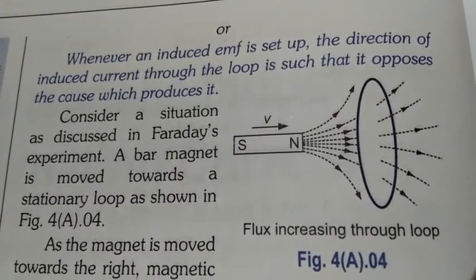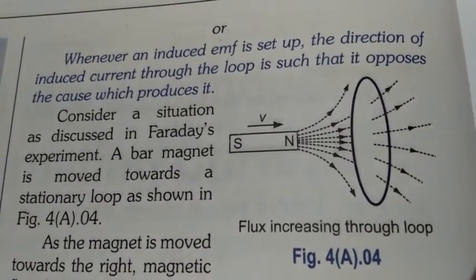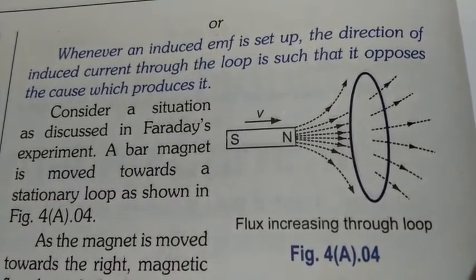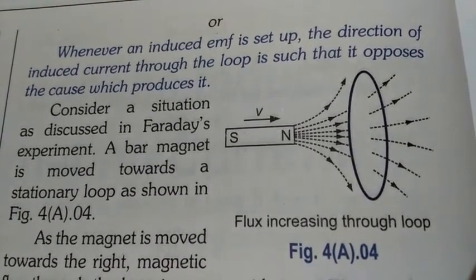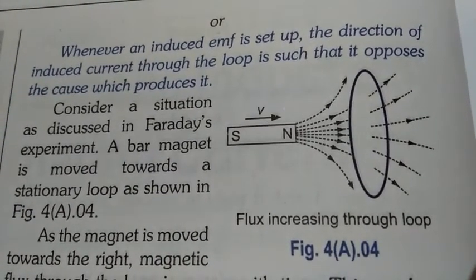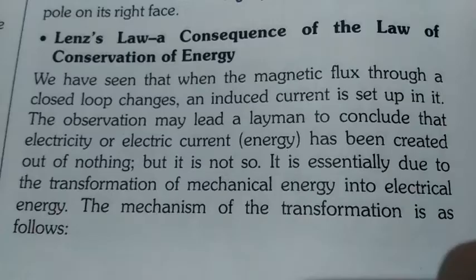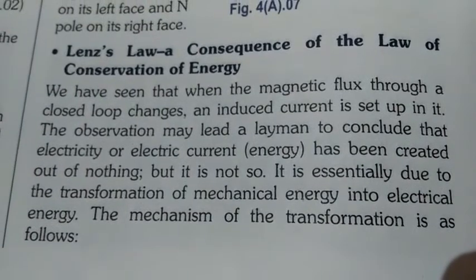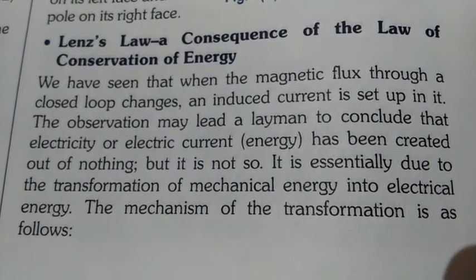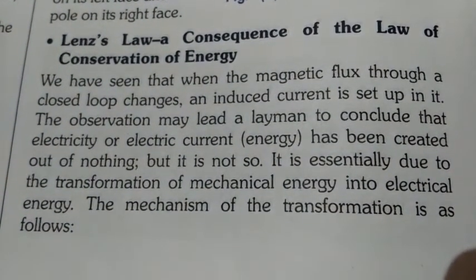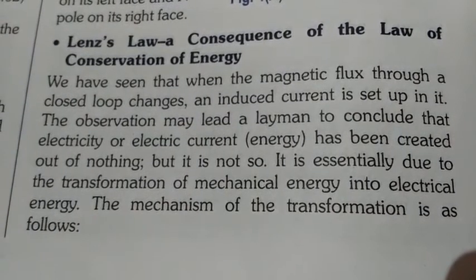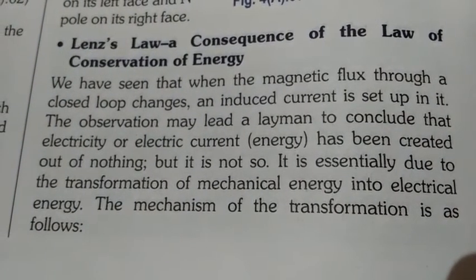Now I hope you all have understood the meaning of this statement: whenever an induced EMF is set up, the direction of induced current through the loop is such that it opposes the cause which produces it. One more important thing here is that Lenz's law is basically based on the principle of conservation of energy.